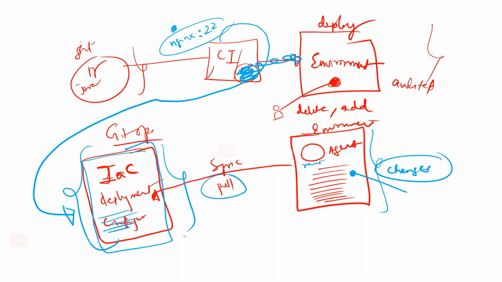Earlier the Docker image tag was 21, now you changed it to 22. Then this agent in the environment will see that the configuration has changed in Git. Then it will immediately update the current deployment to this particular Docker image. Okay, so this is known as GitOps, where configuration can also be version controlled, not only your source code.